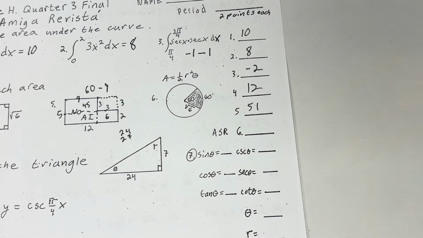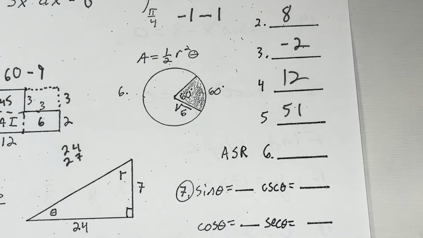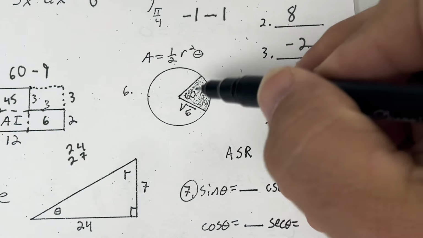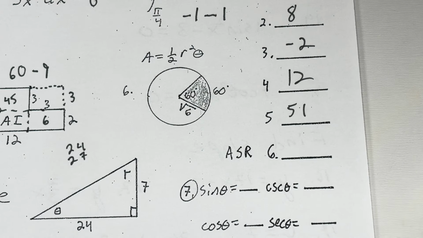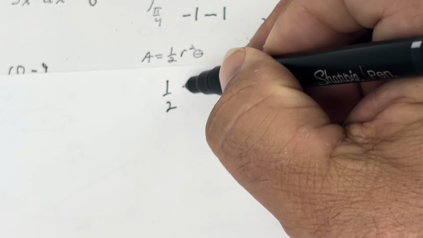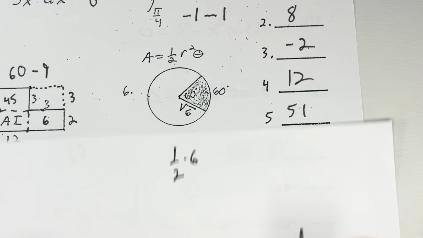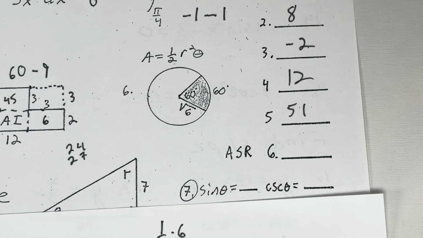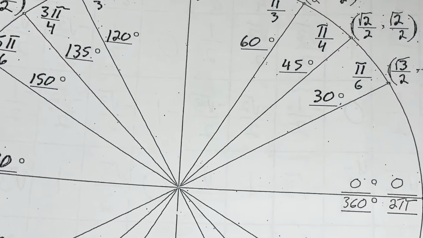For number 6, we're going to find the area of the shaded region, or the area of the sector. That formula is 1/2 r squared theta. Since the radius is square root 6, 1/2 root 6 times root 6 is just 6. And then we need to find 60 degrees in radians. We could either use our unit circle or our chart.